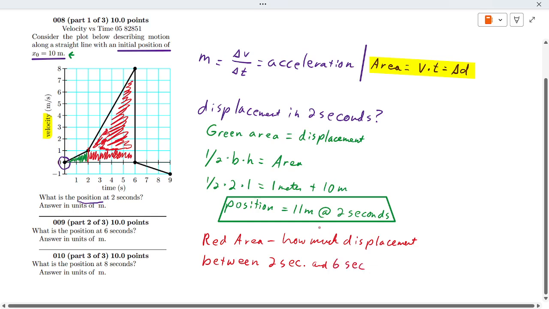And then we'll add that to 11, which is how far it had been displaced at 2 seconds, and then we'll have our answer. So our red area is how much displacement there is. The rectangle is length times width. So the rectangle is 1 tall and 1, 2, 3, 4 wide.